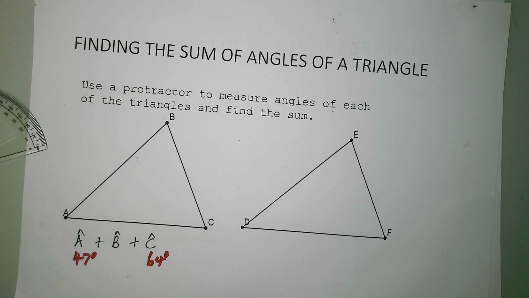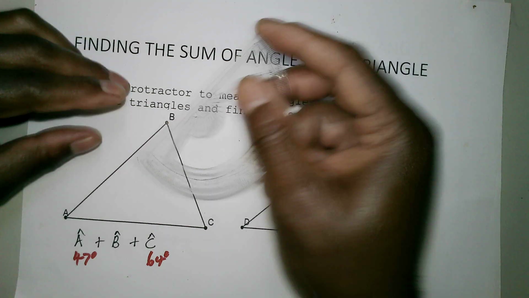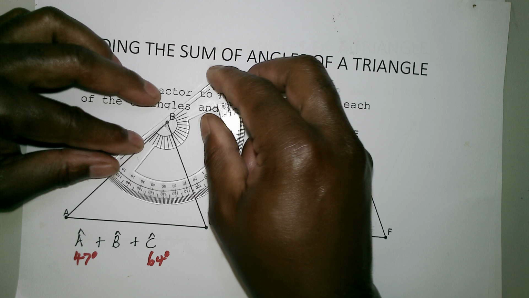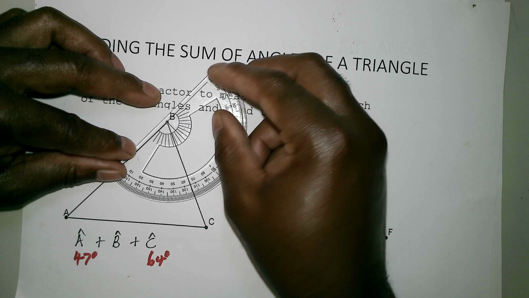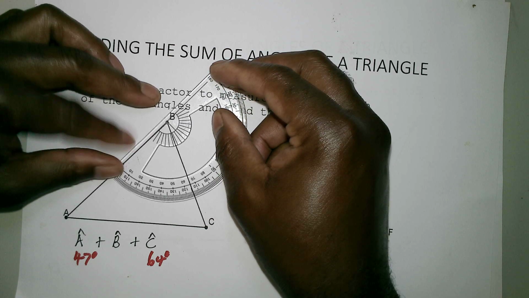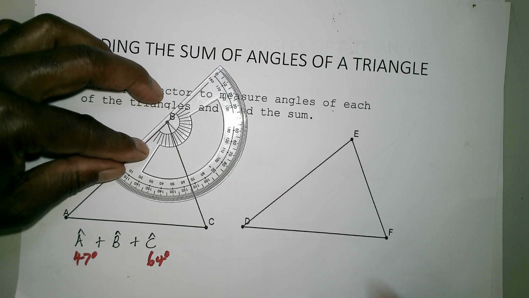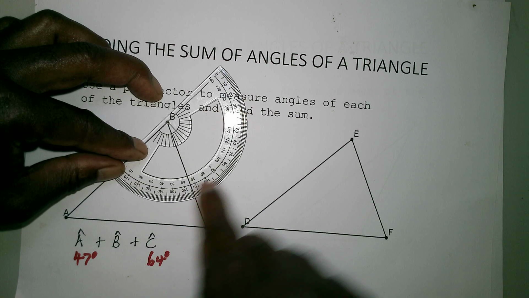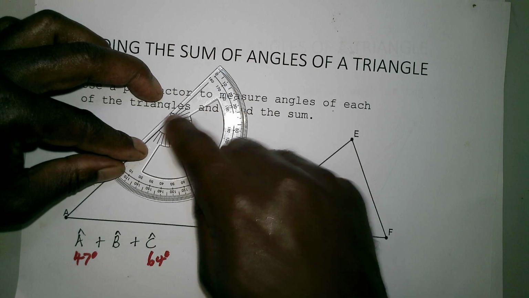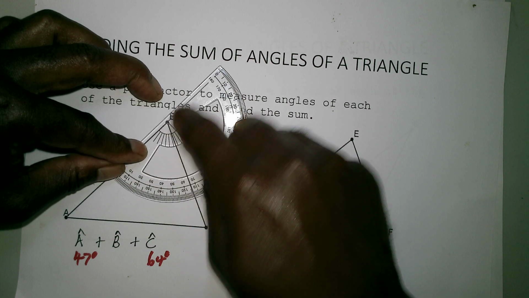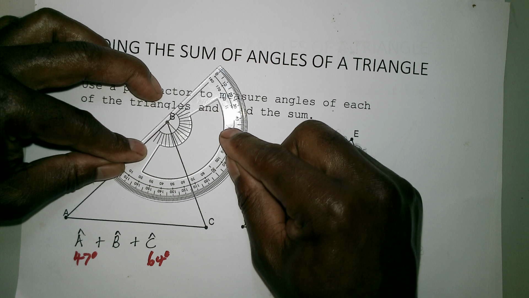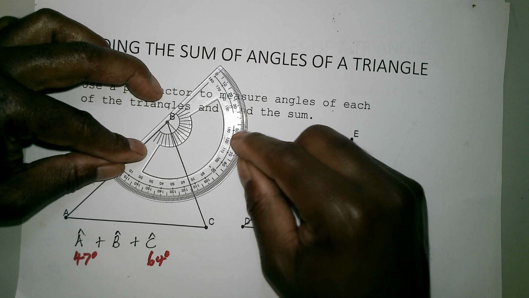Now we have to turn around the protractor for B. We'll place it there. Now we are counting inwards. So we use this line as our line to get whatever we want, and that will be something like 67.